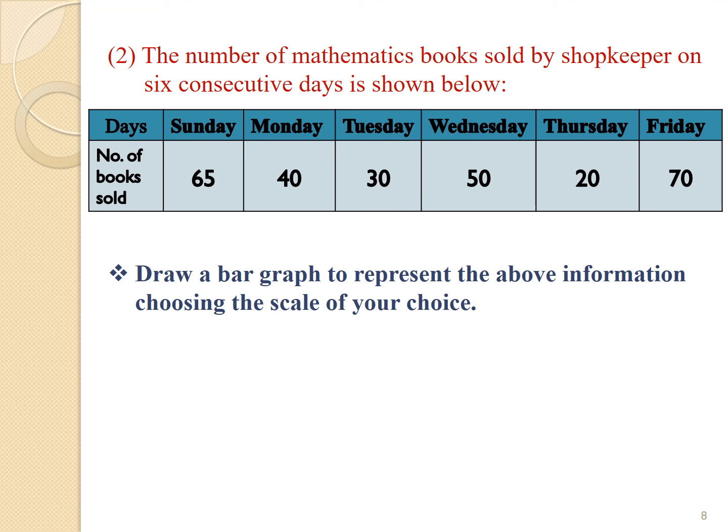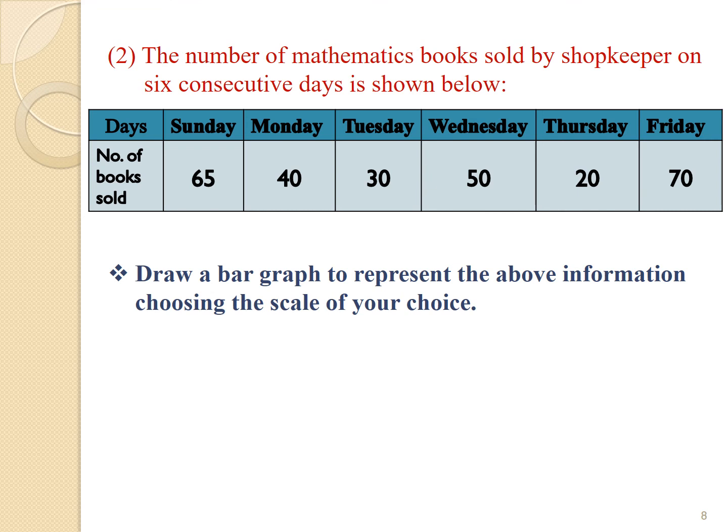It is rather difficult to mark 70 points on the vertical line. You now have to decide an appropriate scale. You can take 1 unit length equals to 10 books. You have to mark 7 points on the vertical line. Dividing 70 by 10, you would get 7.